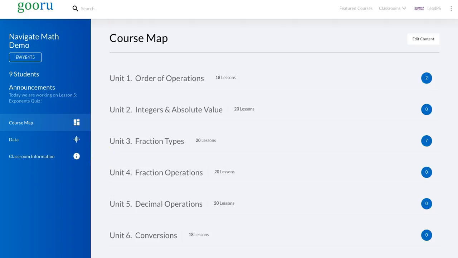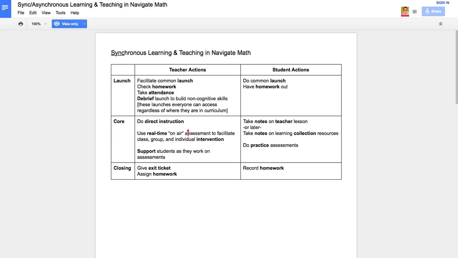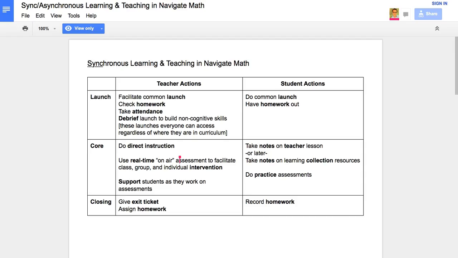Synchronous teaching in Navigate Math tends to occur in 2 phases. The first is a very traditional model with a launch, generally in common. Teachers check homework, take attendance, and also debrief the common launch, followed by a core component of the class, which is generally a direct instruction lesson from the teacher.